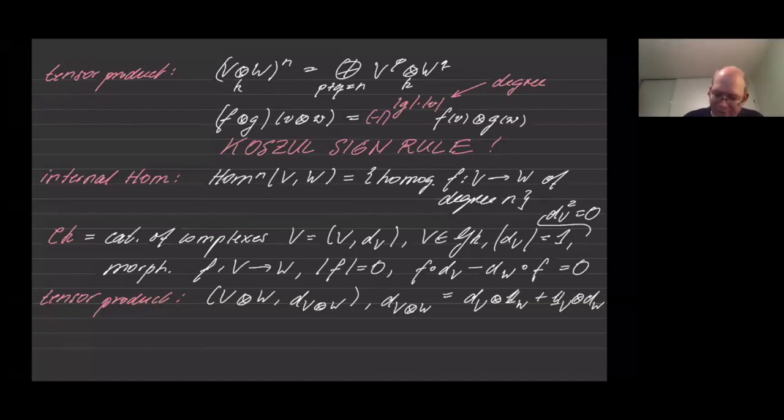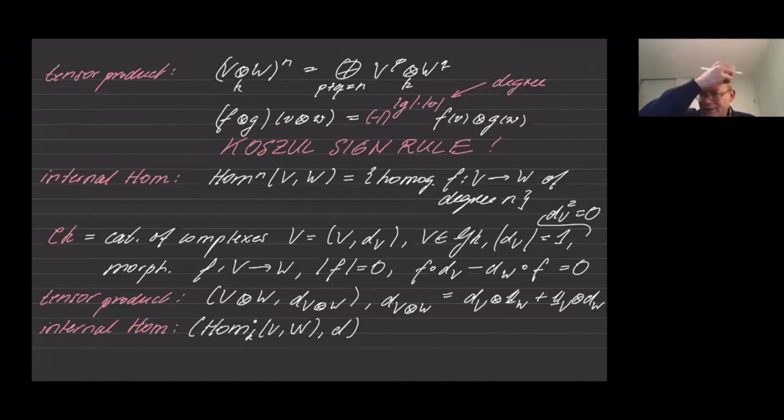Okay, and again we have an internal Hom. Yes, so it's the complex Hom over K between two complexes V and W with a certain differential, and it is simply given by the graded internal Hom between these two graded vector spaces.